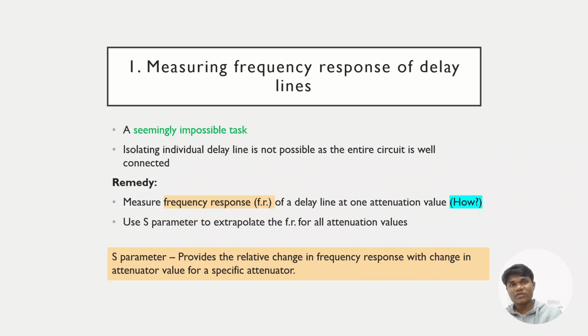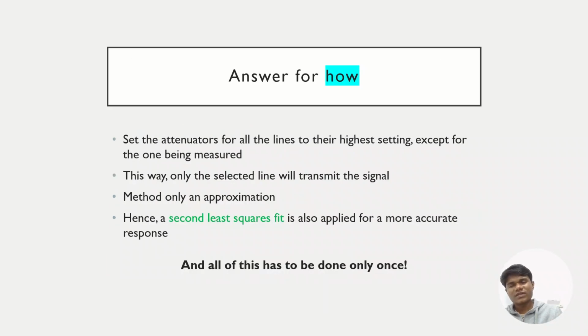So how do we get that one value? We do that using a small trick. The trick is that except for the line that we want to measure, we set the attenuation of all the other delay lines to their highest setting so that they transfer a minimal amount of signal, so that most of the signal is transmitted using the line that we are currently focusing on.